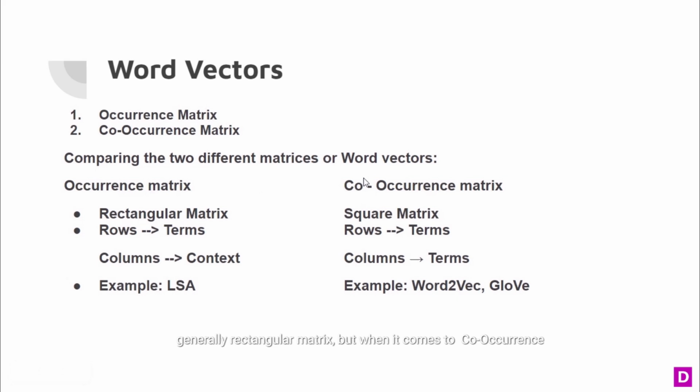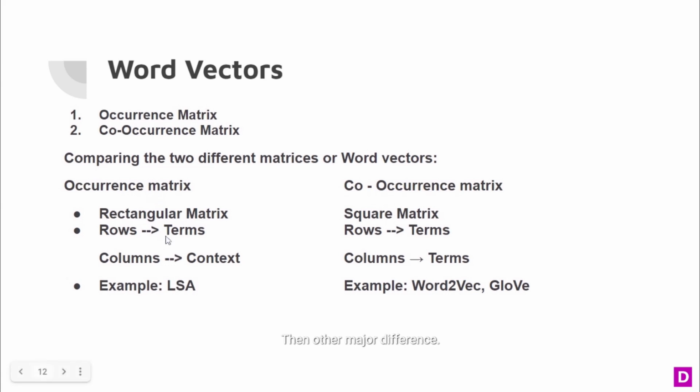But the co-occurrence matrix will be a square matrix, right? Because we are trying to create the co-occurrence matrix using term pairs, right? So here the columns will be taken as terms and even the rows will be taken as words or terms. That's why the matrix would generally be a square matrix.